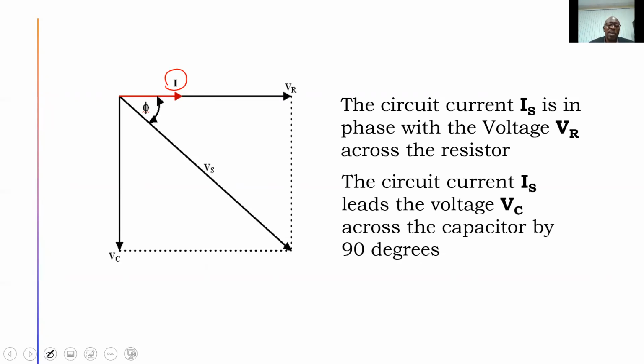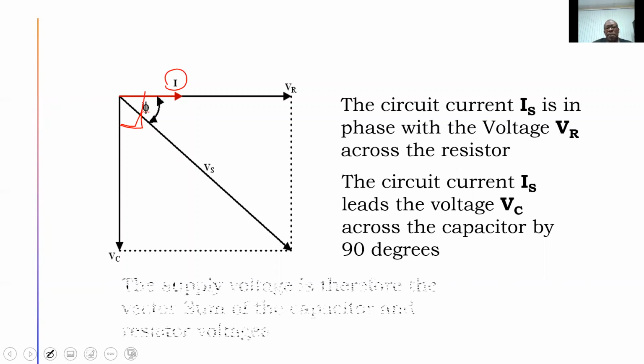The circuit current, however, is leading the voltage VC across the capacitor by 90 degrees.